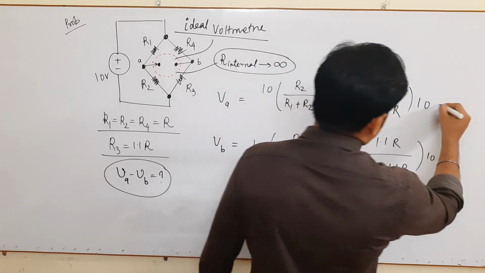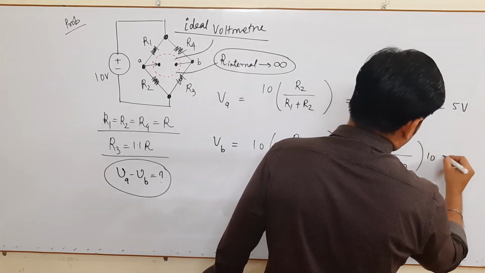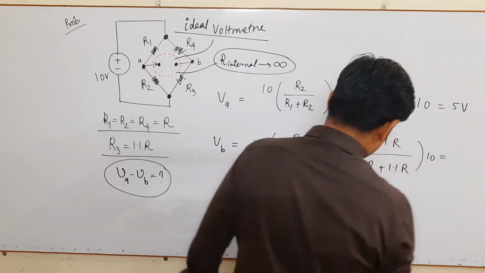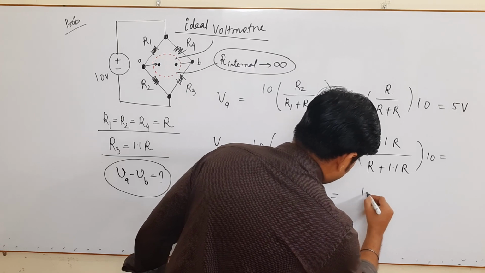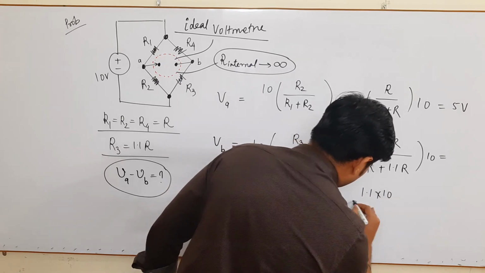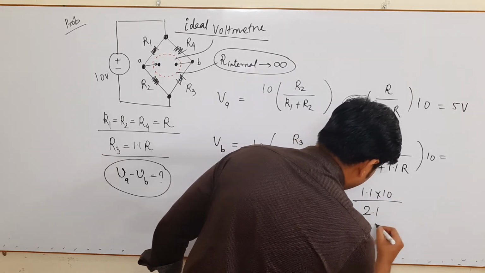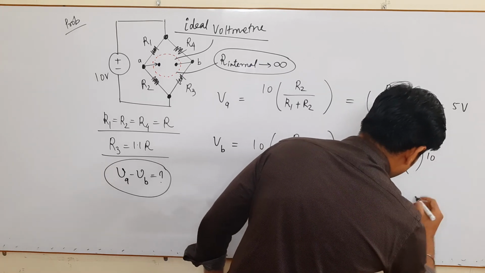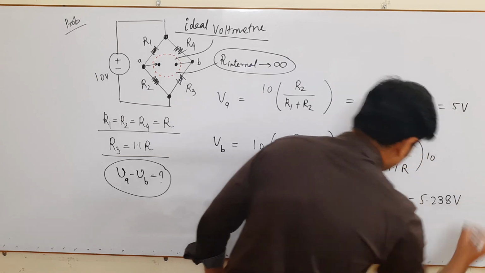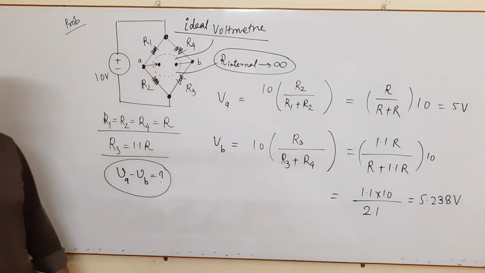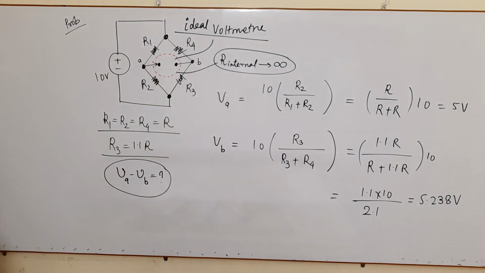So how much is it? VA comes to be 5 volt. And VB comes to be 1.1 into 10 upon 2.1, which is around 5.238 volt. This is the value of VB.